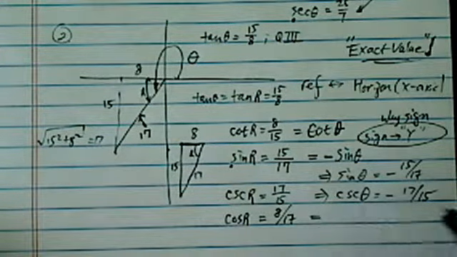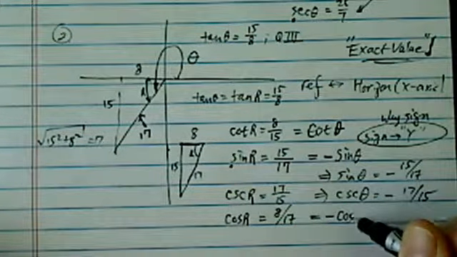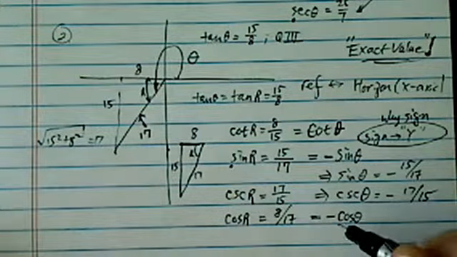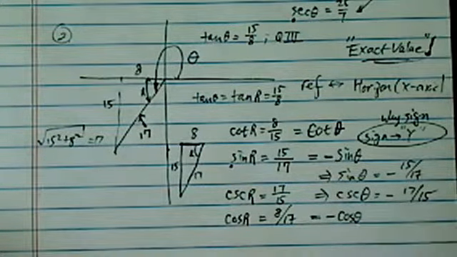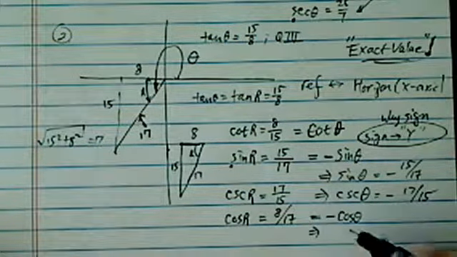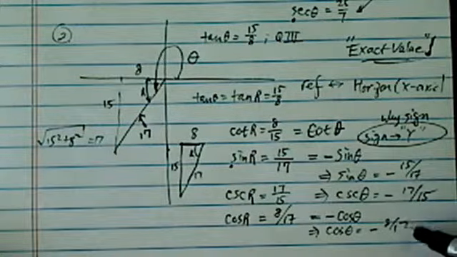And this one is equal to minus cosine of theta, because cosine is determined by the x value. For third quadrant angles, both are negative. So cosine of theta is equal to minus 8 over 17.